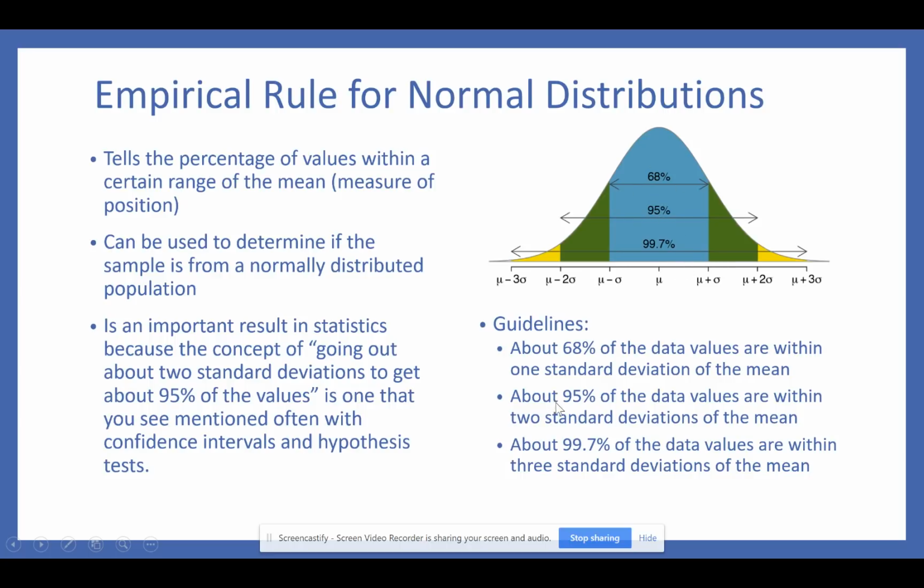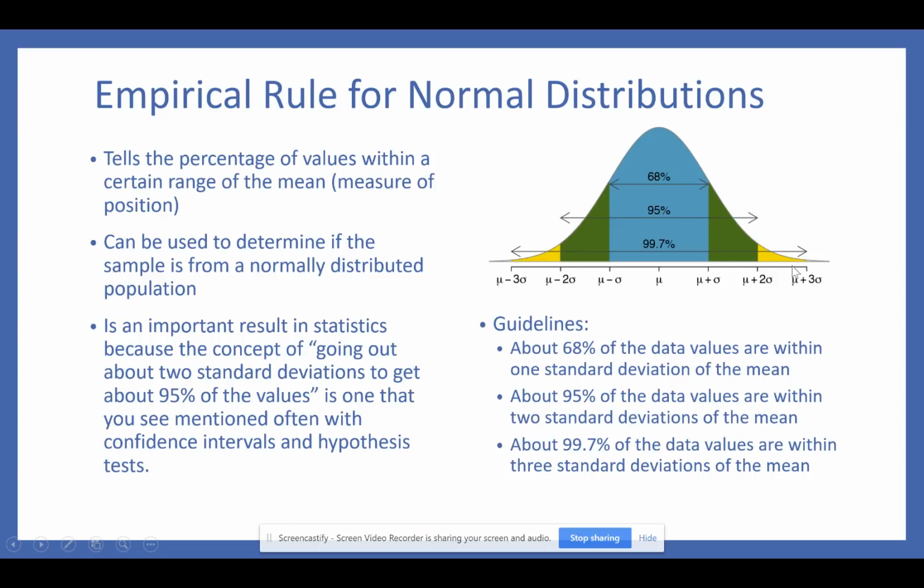Then if we go 2 standard deviations from the mean, 2 below or 2 above, about 95% of the data values are within 2 standard deviations of the mean.